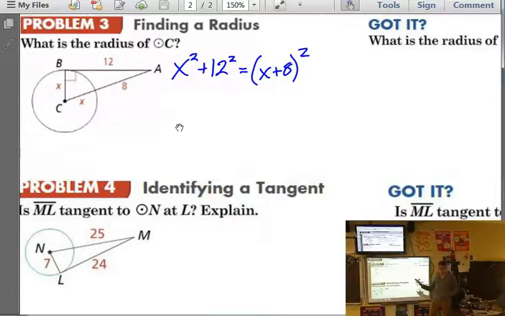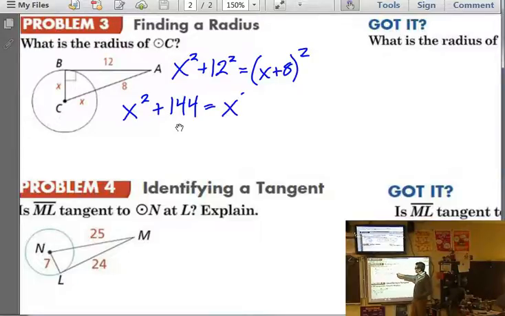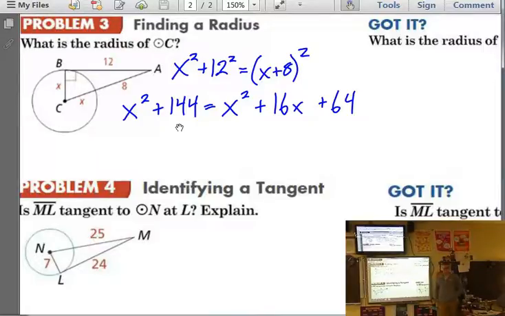So let's go down this road, see what happens. I'd get x squared, and I'd get 144. I'd get x squared plus 16x plus 64. You can't square the x.